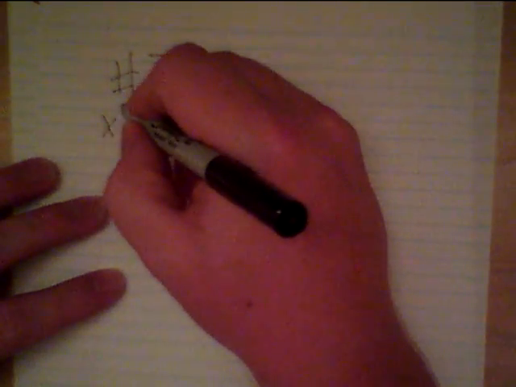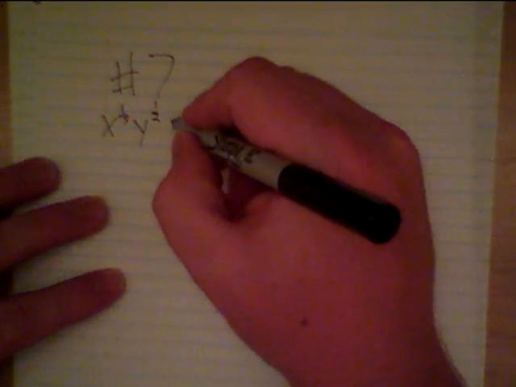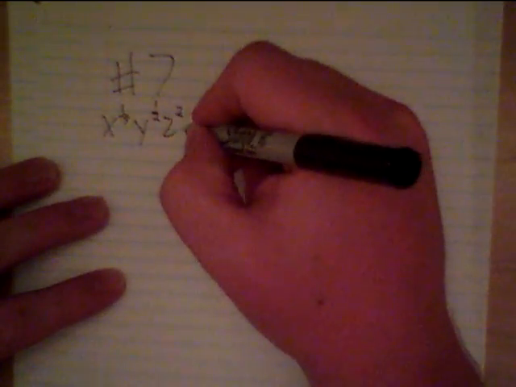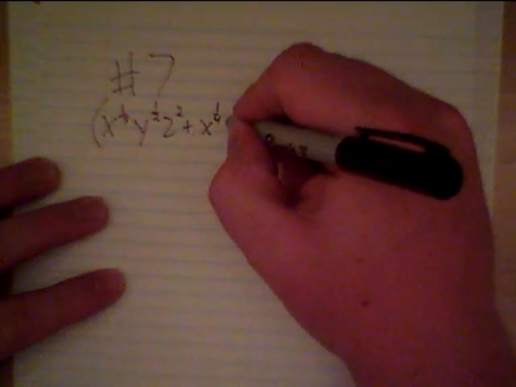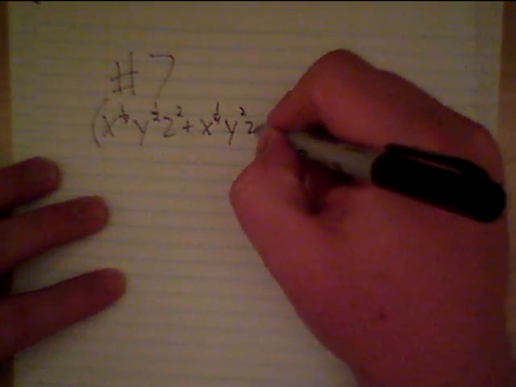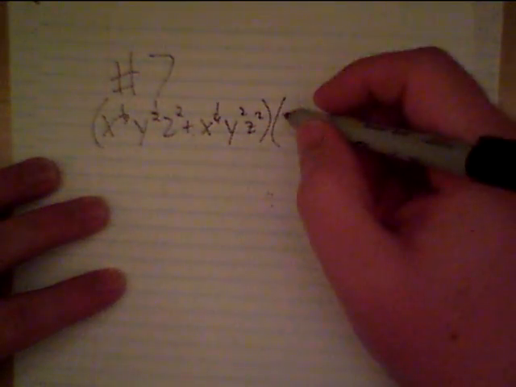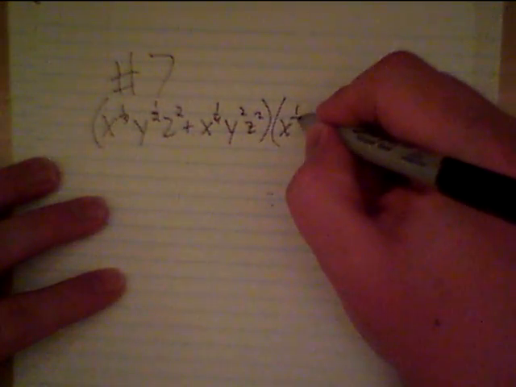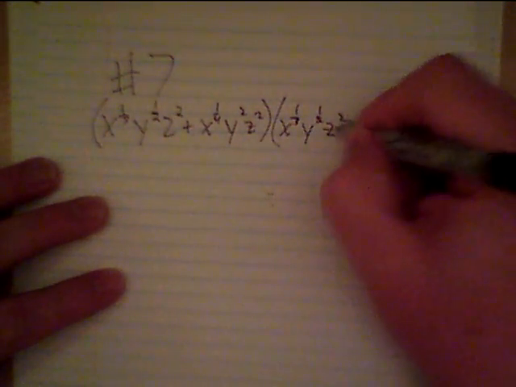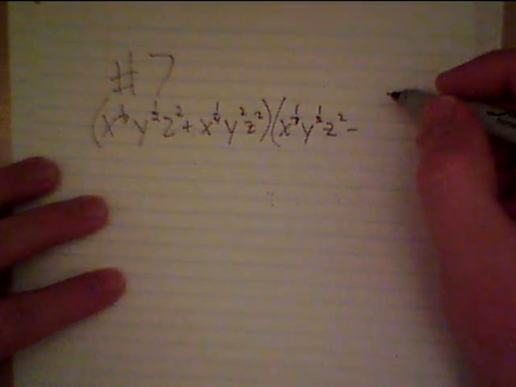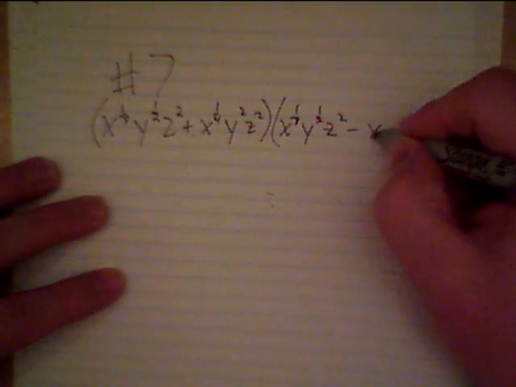We have x to the 1/3, y to the 1/2, z squared, plus x to the 1/4, y squared, z squared, all that times x to the 1/3, y to the 1/2, z squared, minus x to the 1/4, y squared, z squared.